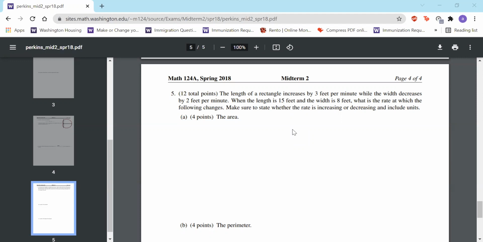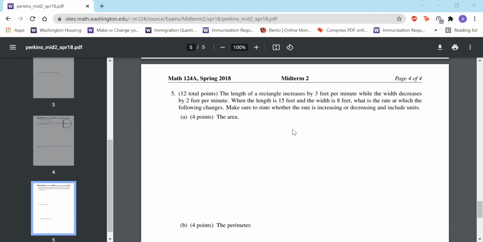When the length is 15 feet and the width is 8 feet, find the rate at which things are changing. Part A is: at what rate is the area changing? The area of a rectangle is x times y, the length times the width.